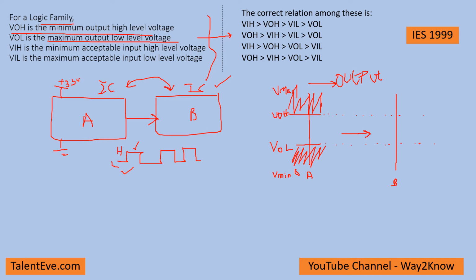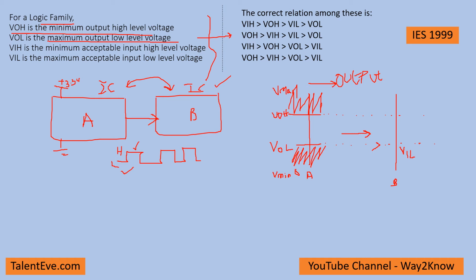Now for this, whatever the IC, if it has to consider this level as a low, the VOL should be related to the VIL. That means this is given as input, right? This is VO, output, this is input. So the VIL should be greater than or equal to VOL.